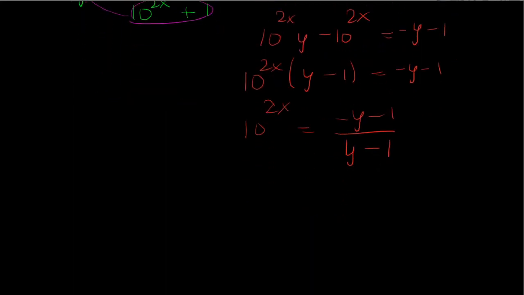Okay, so this one I can rewrite. If I multiply both sides by negative, or top and bottom by −1, I have 10^(2x) equals (y + 1) over (1 − y). And so I can take the log of both sides.